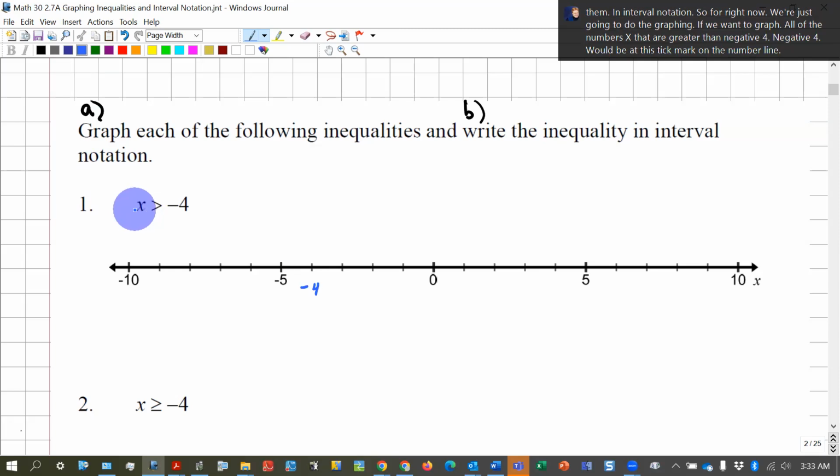And if I want my number to be greater than -4, that means my number has to be to the right of -4. So for example, 7 is greater than -4 because 7 is to the right of -4.